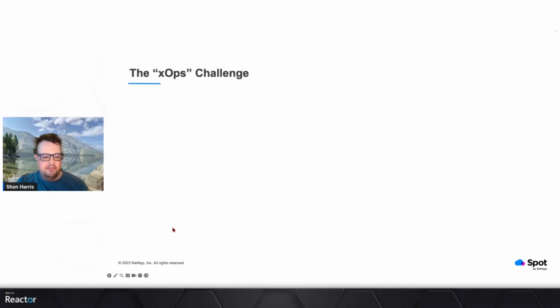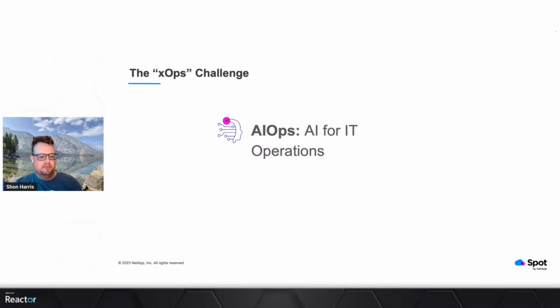All right, so let's talk about the XOps challenge, and this is something that you're going to find is a real struggle as you go forward in the cloud. AIOps. What does AIOps mean? AIOps is AI for IT operations. It's a relatively new idea of using AI to automate your response and automate what your cloud environment is going through.